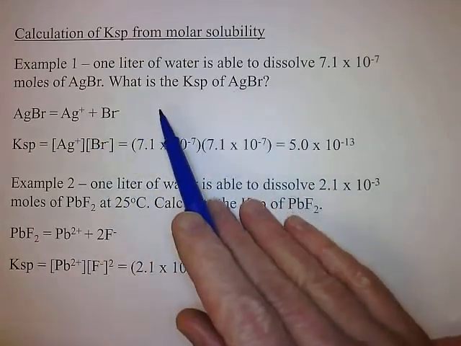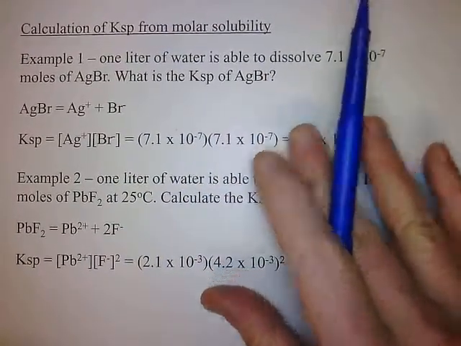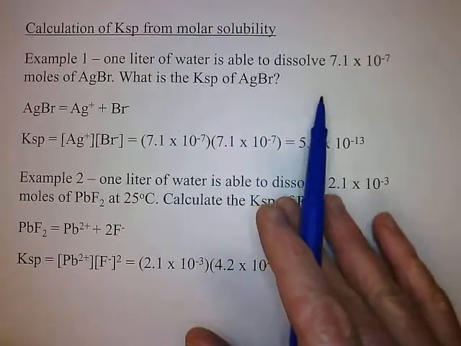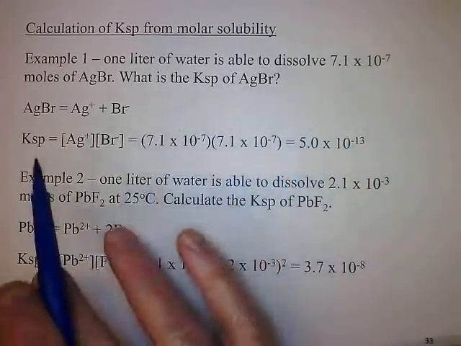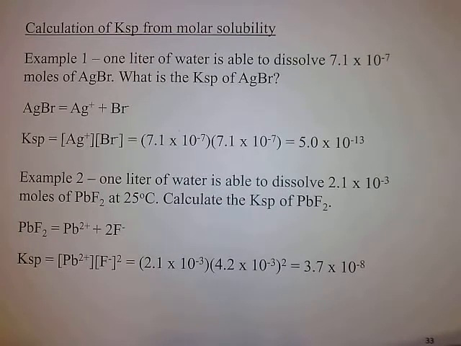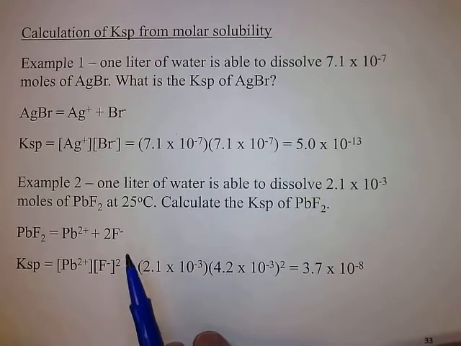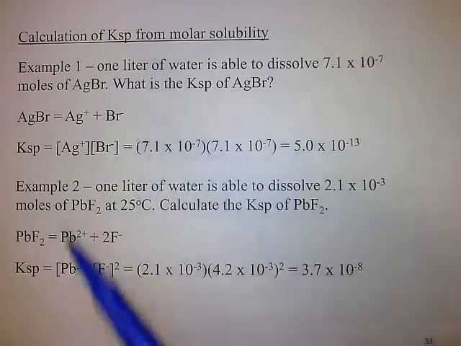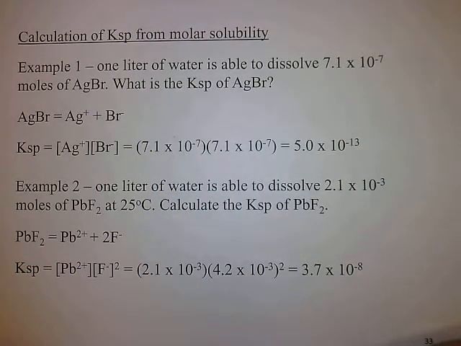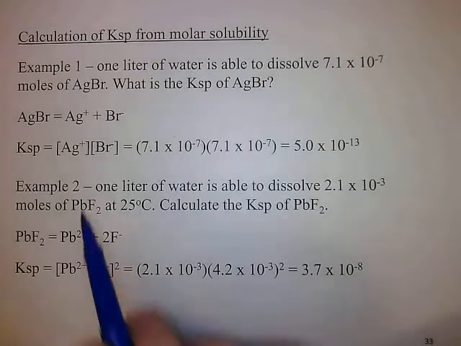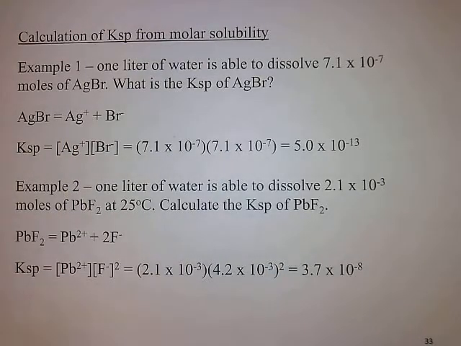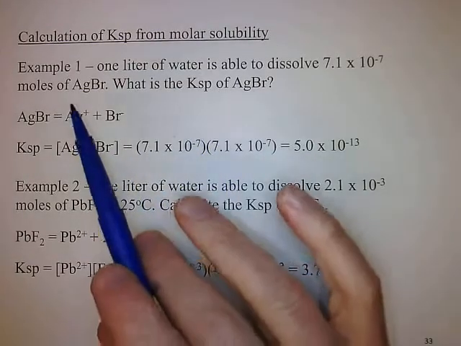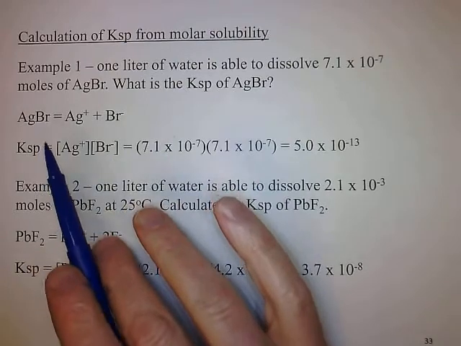As an example, let's suppose that 1 liter of water is able to dissolve 7.1 times 10 to the minus 7th moles of silver bromide. And from this information, we want to calculate the Ksp of silver bromide. Now, just the fact that we're given 1 liter of water makes it easy because the number of moles automatically becomes the molarity.